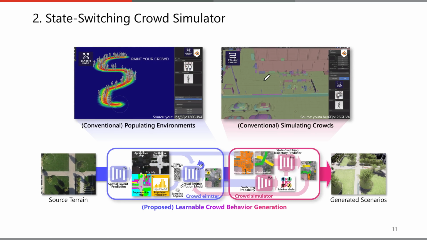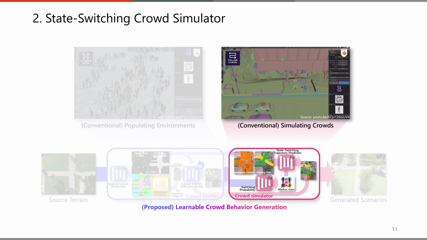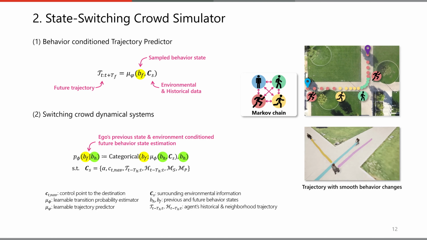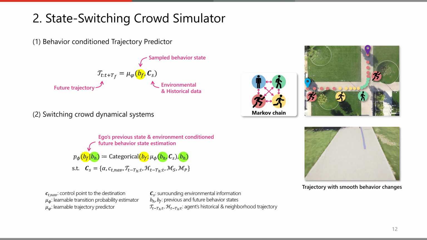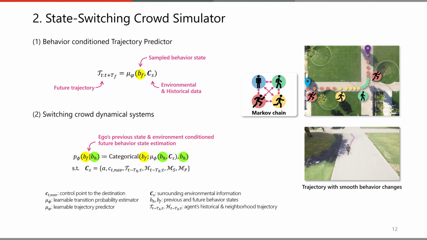Second, the crowd simulator is designed to replace the conventional simulating crowds process, where workers manually draw trajectories on the environment. In detail, we design a trajectory predictor that can generate future paths conditioned on the agent's target behavior state. The behavior state is sampled from a Markov chain, where the transition probabilities are dynamically estimated using switching crowd dynamical systems.